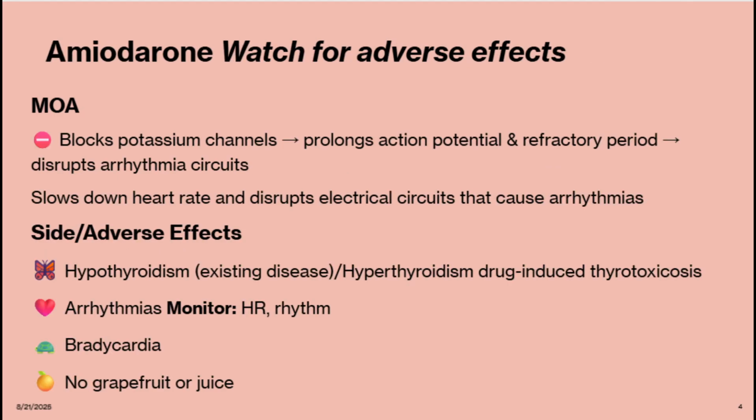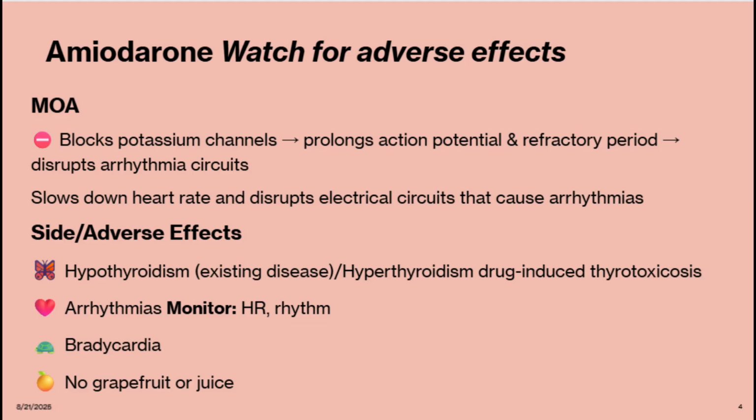Another option for atrial fibrillation is amiodarone. This is blocking potassium channels, so we are prolonging action potential and really reducing that repolarization. And we're disrupting those arrhythmia circuits, so we're slowing down that heart rate. Some side or adverse effects to consider is hypothyroidism, so monitoring a TSH is very important.